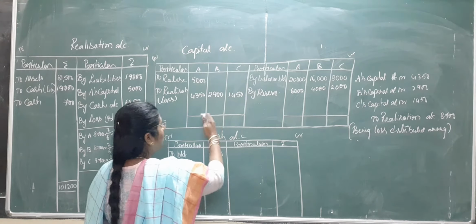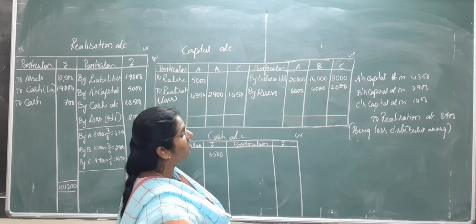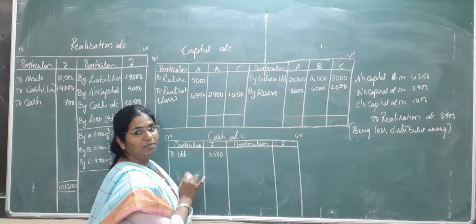So obviously when you observe the board, it is showing that the credit side of the capital accounts appears more than the debit side.